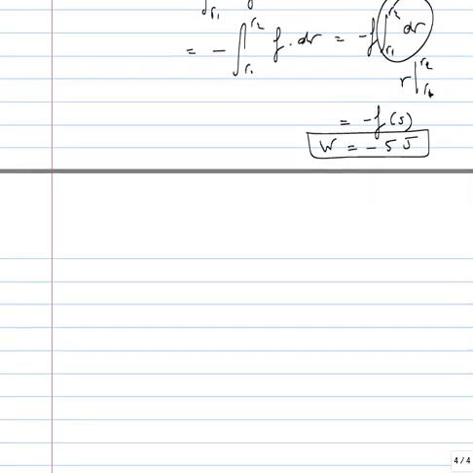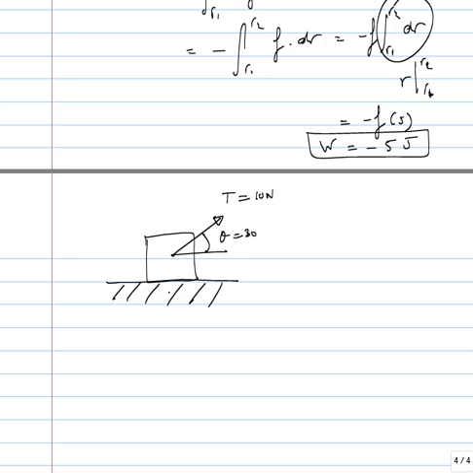So another way of looking at the work, especially if you have, say, several forces. Let's take the case where now we're going to consider the total work of an object being, say, pulled by a force T of 10 Newton with an angle of 30 degrees, and then we're going to have the weight applying to this object.